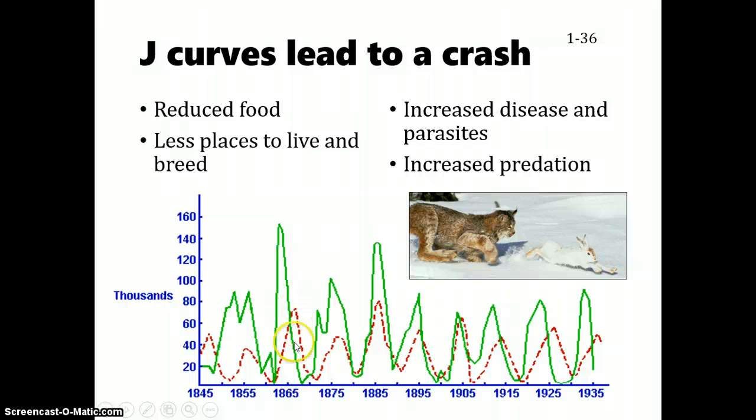Now, since the snowshoe hare, or that prey base, is declining, so will the lynx population, because they no longer have that much food. They overhunted them, so to speak. They were hunting and hunting, they reproduced, they continued to hunt, and then they started running out of food. So they too crashed. And you can see this trend happens every few years.